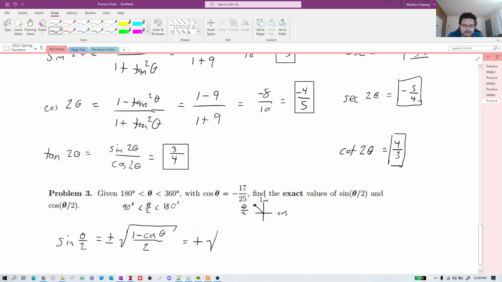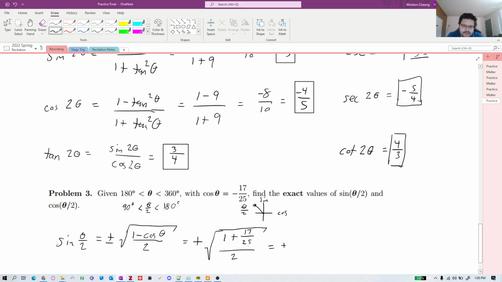Okay, and then let's keep going. 1 minus the value for cosine given to us, so that turns into a plus 17 over 25 all over 2. Okay, which is going to be, and the divide by 2 is inside the square root. I should make that a little bit more clear.